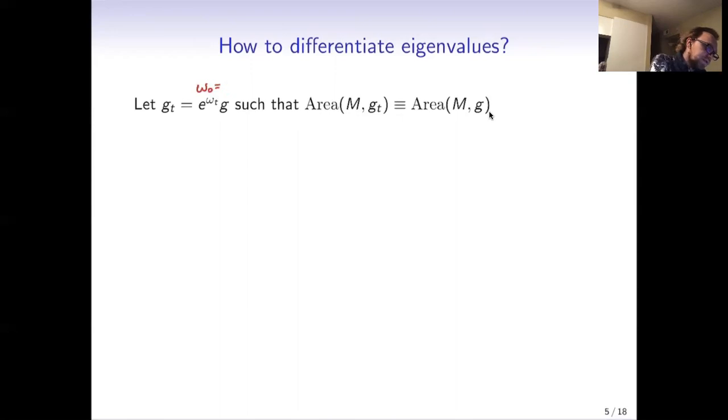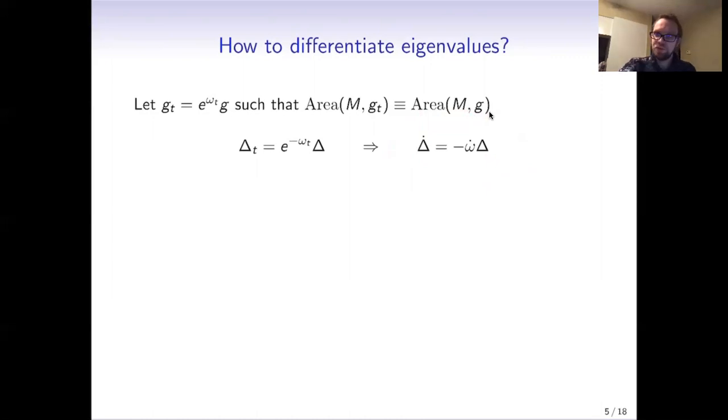I wanted to say it equals 0, so that g_0 is just g. Therefore, when I take t equals 0, the e to omega t becomes 1, but I still have omega dot in front. This is my derivative of the Laplacian.